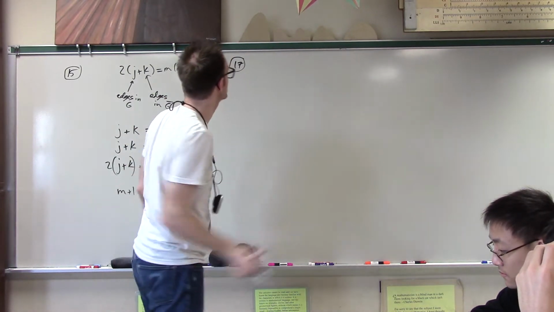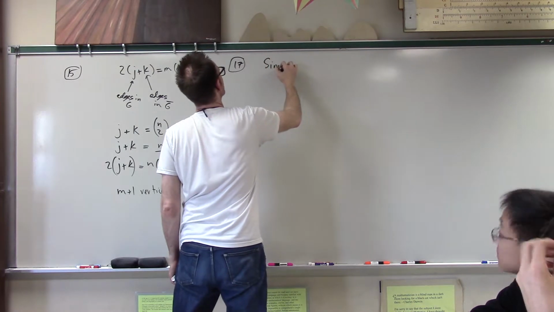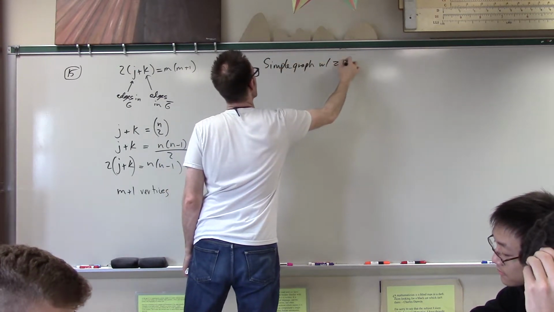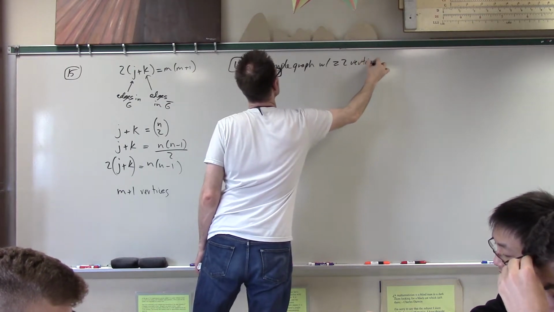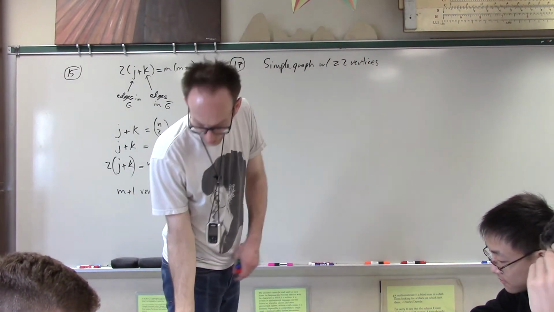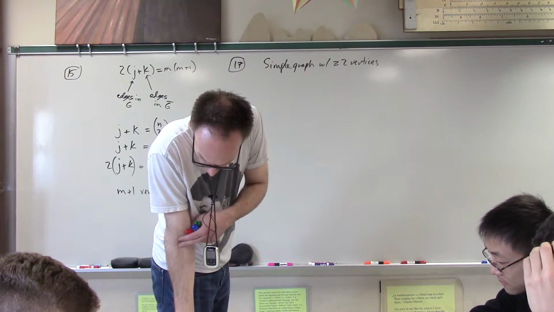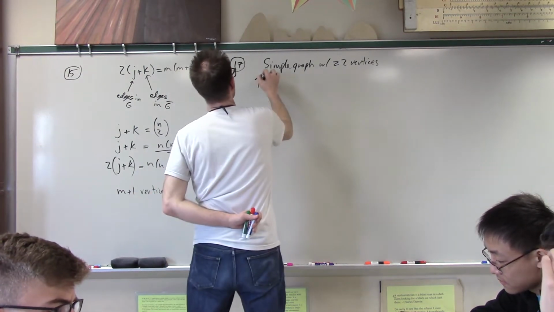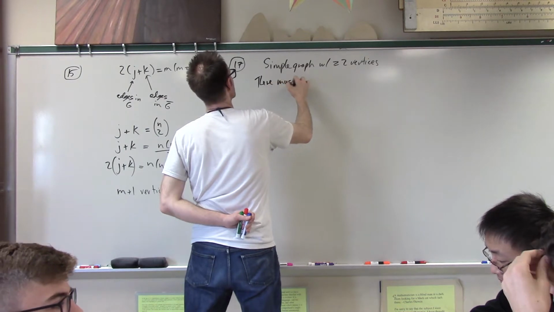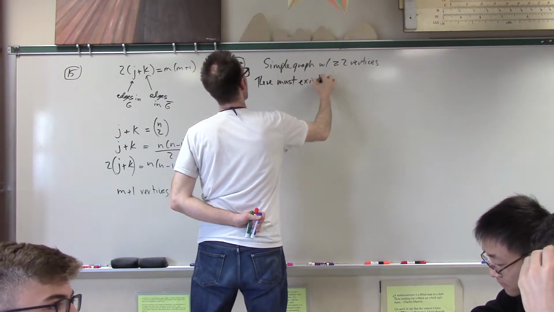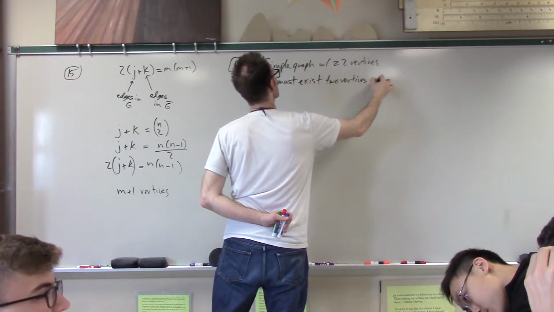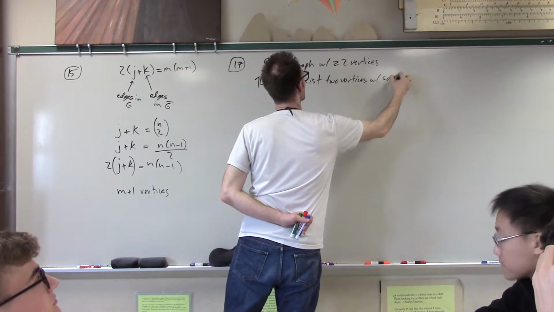A simple graph with greater than or equal to 2 vertices, and what we need to prove is there must exist two vertices with the same degree.